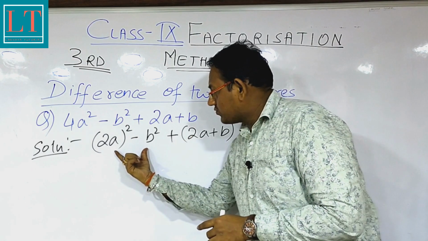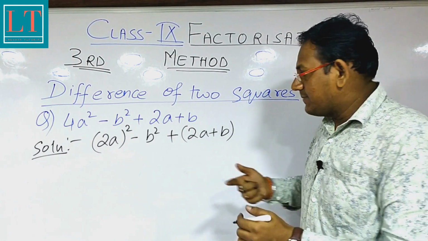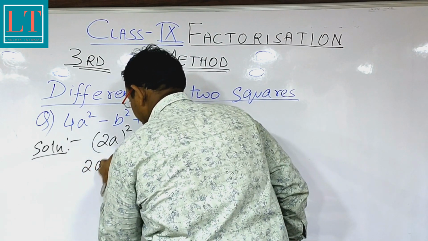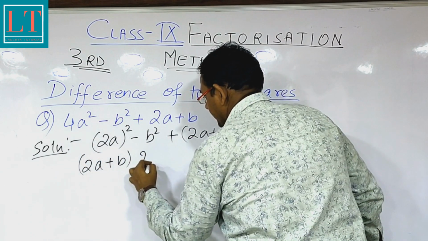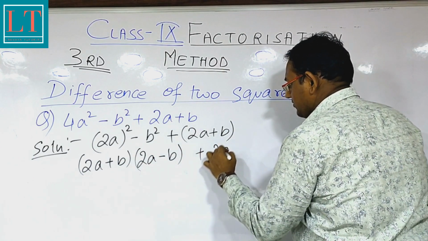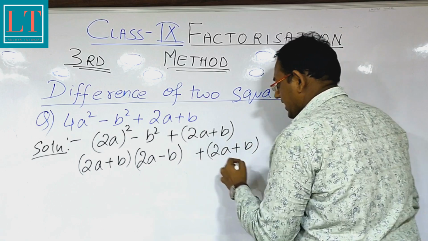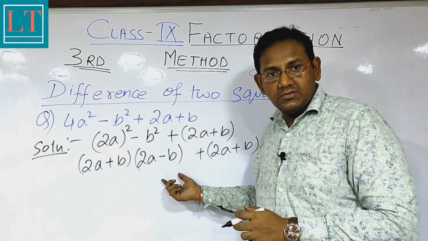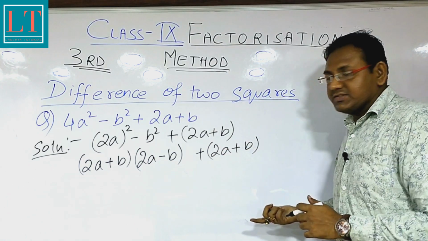So what to do with this one? We can easily apply the formula, that is (a plus b)(a minus b), that is (2a plus b) and (2a minus b) over here, and this one will be (2a plus b). We will keep this as it is. So this is basically (a plus b) into (a minus b) over here, and this one is as it is over here.